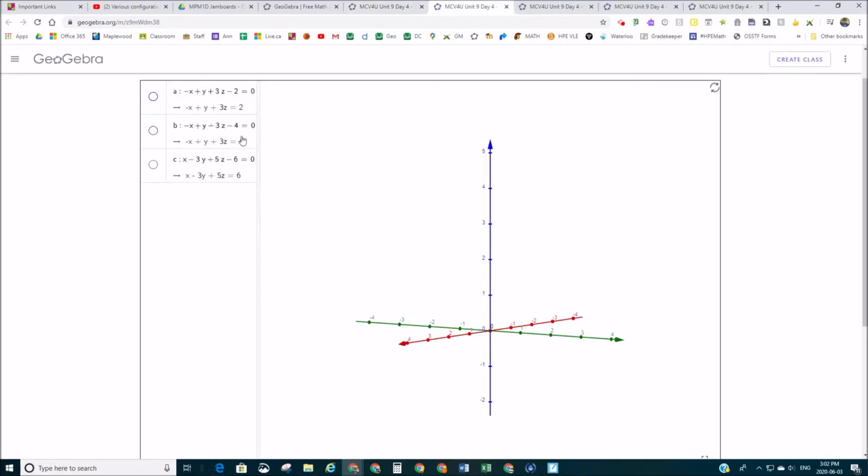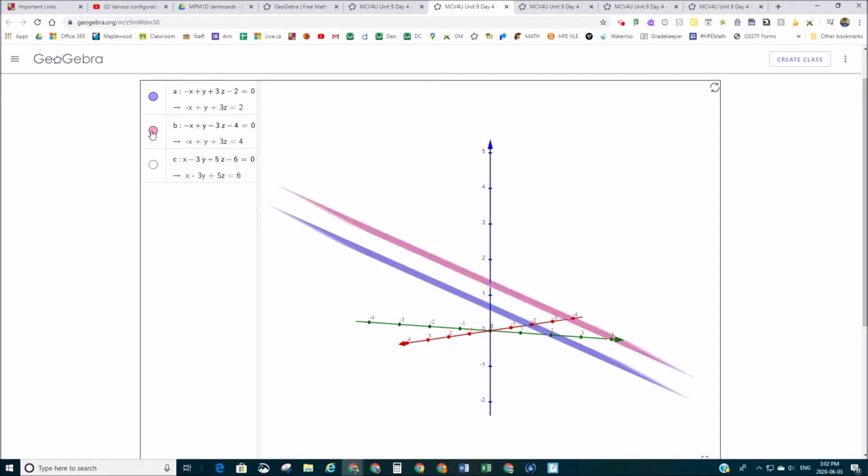All right, so again, here we have 3 normals, and let's do a little prediction here. If you look at the normals of the 3 planes, you see -1, 1, 3 and -1, 1, 3. I anticipate that these 2 are parallel, and I also anticipate they'll be distinct because of this different value at the end. Let's check. So there's a blue one, and yes, there indeed is the third one.